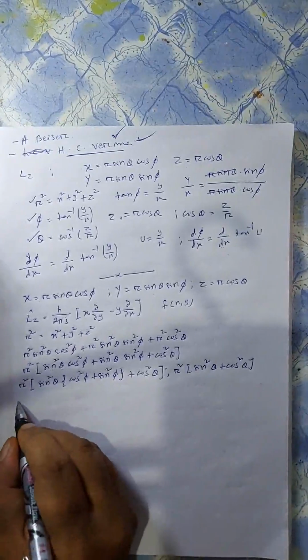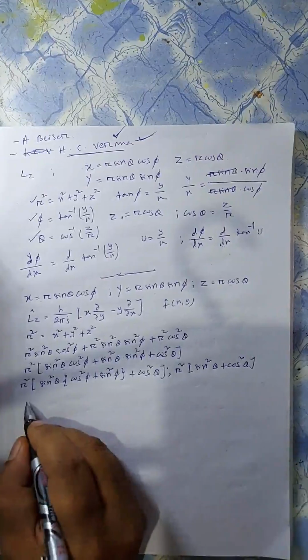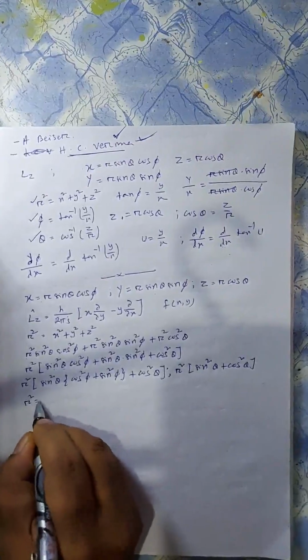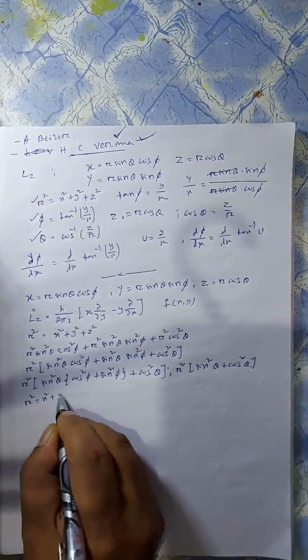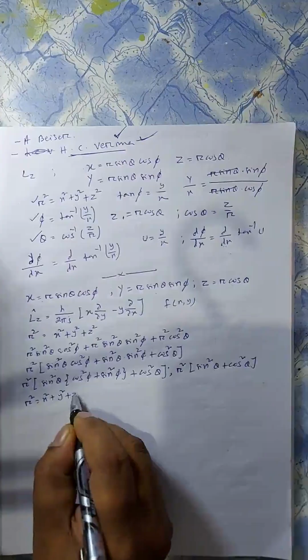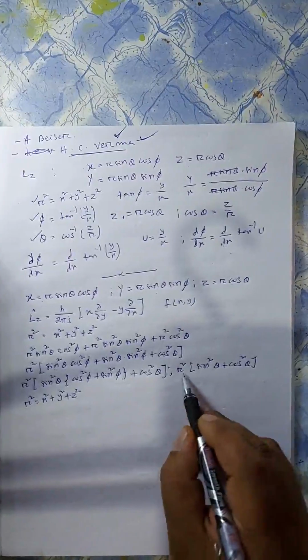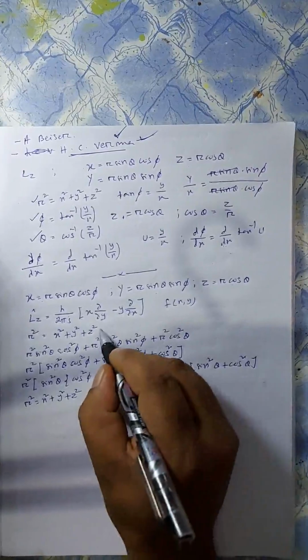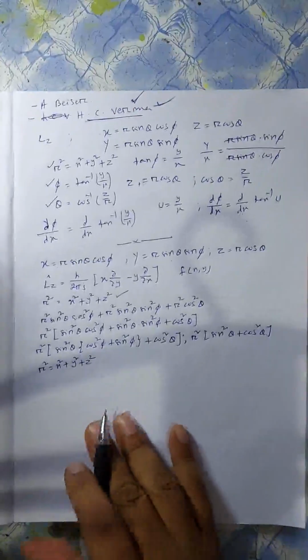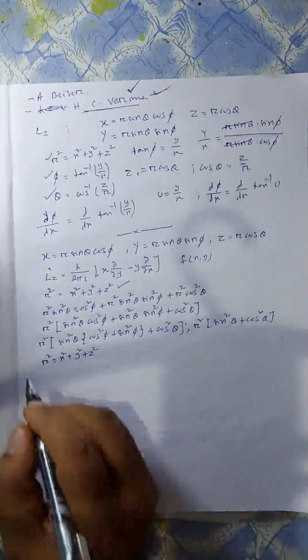That is why r square is equal to x square plus y square plus z square.